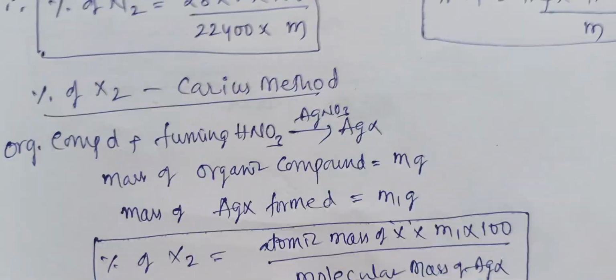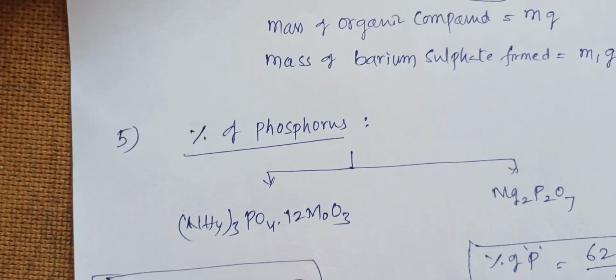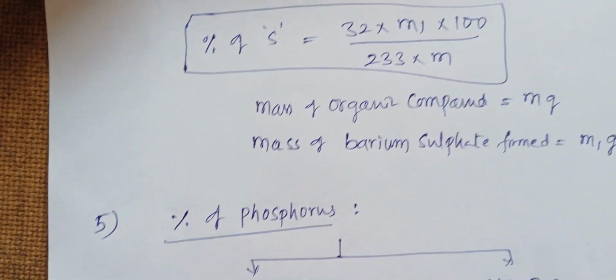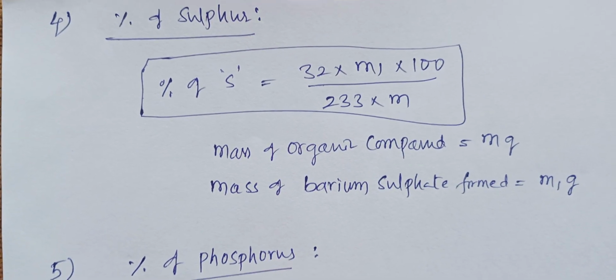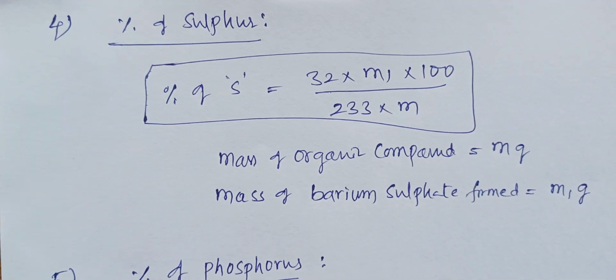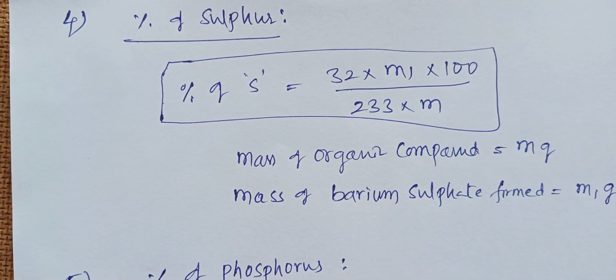Okay. Next one is also very important: percentage of sulfur. The percentage of sulfur can be calculated by the formula. Here we are taking the organic compound and converting it to barium sulfate.